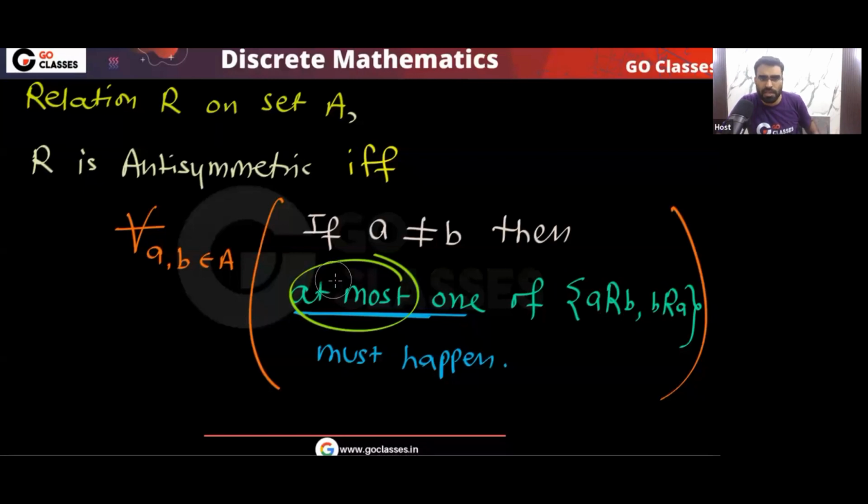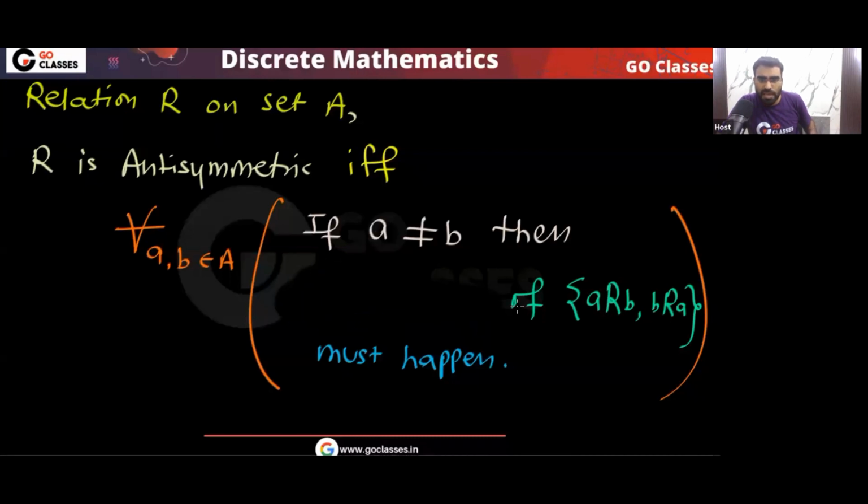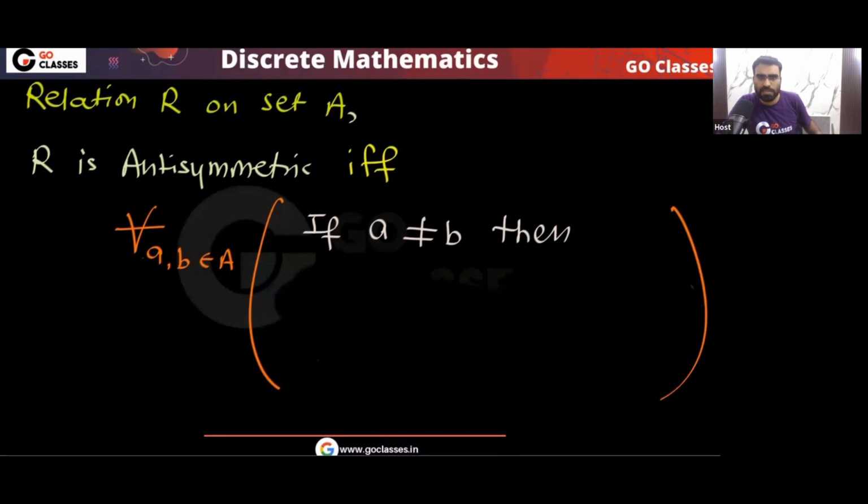Another way to understand this definition is: if a comma b are different, then what cannot happen? The following cannot happen: A related to B and B related to A, these two things together cannot happen.